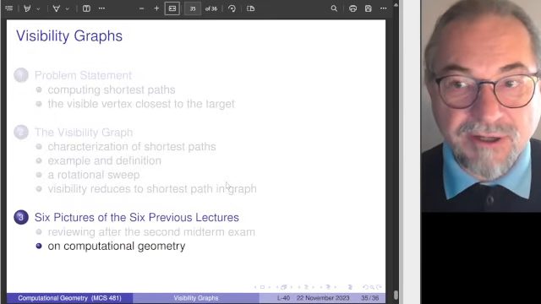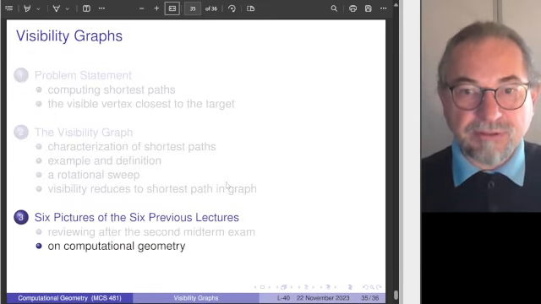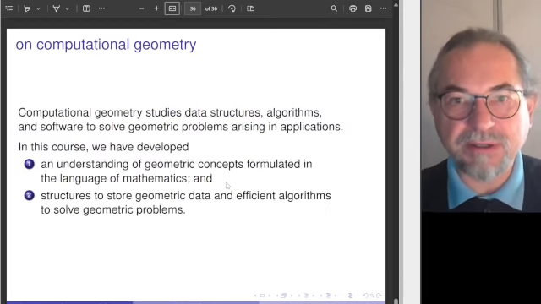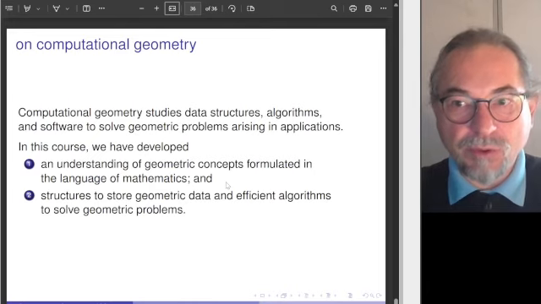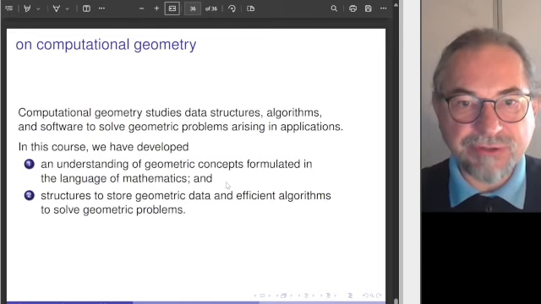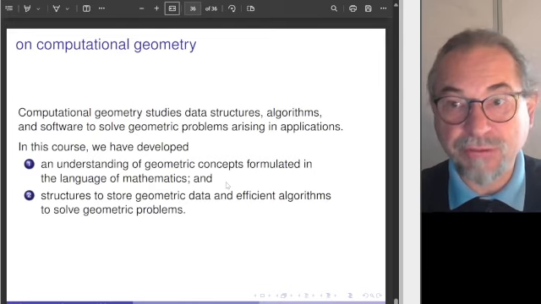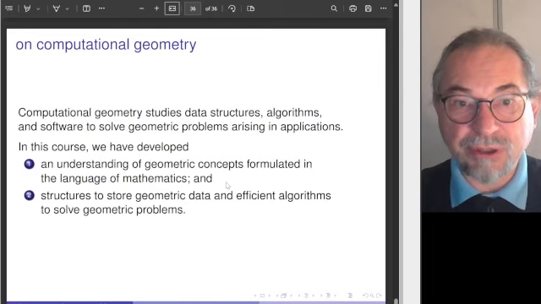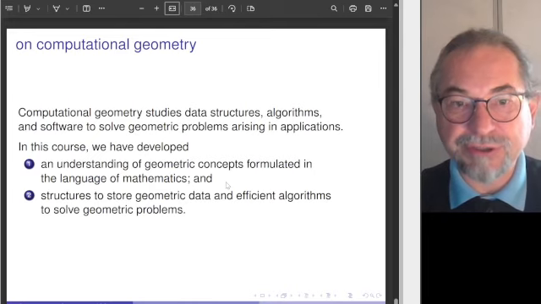Okay, so I come to the conclusion now. This is my last pre-recording, and will also be my last lecture, as we will go into project presentations. Here again, a definition of computational geometry, where we solve geometric problems. Computational geometry is motivated by applications, and making the link between the data structures and the algorithms is the software.